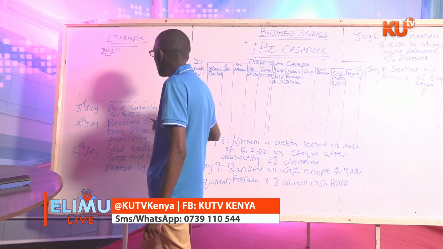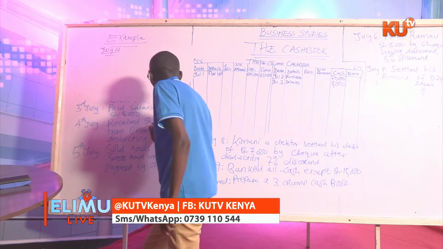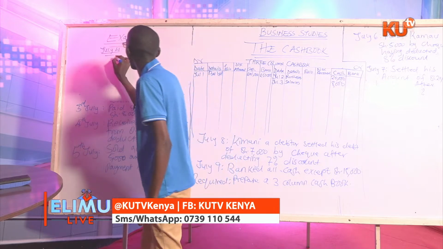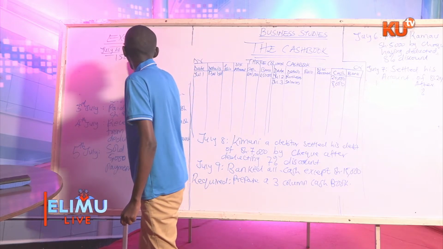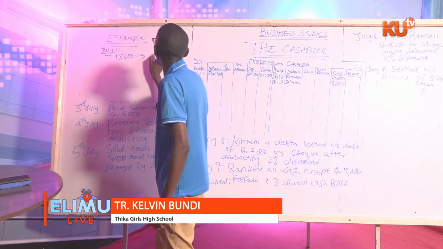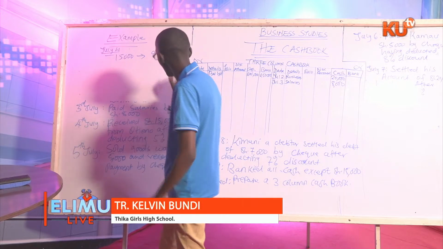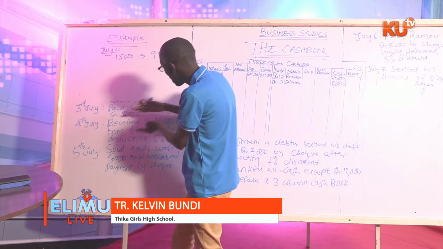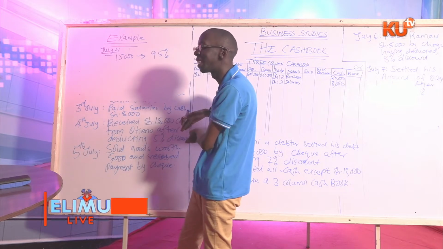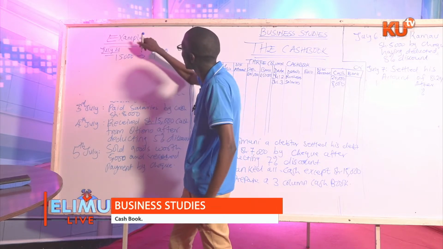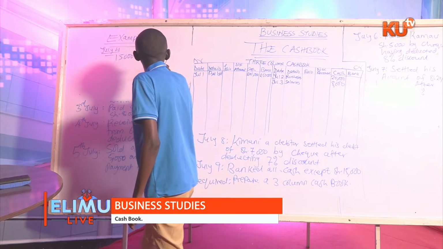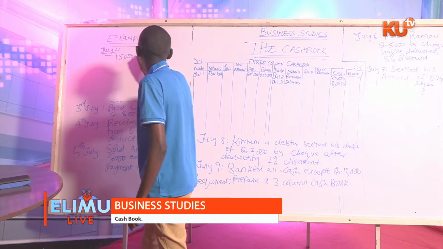So received 15,000. This amount, the discount is already deducted. So we'll say 15,000 is equivalent to 95% because he received 15,000 cash from Otieno after deducting 5% discount. So the amount he received was 95%. What about 5%? What was the discount?